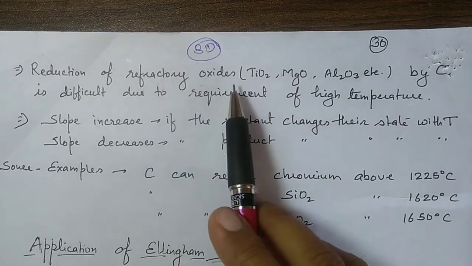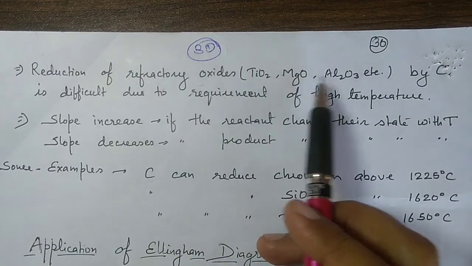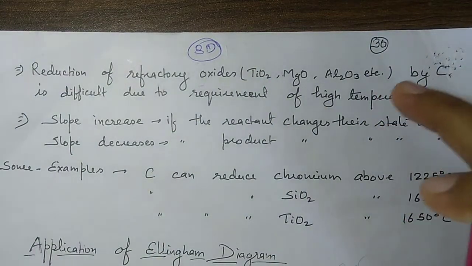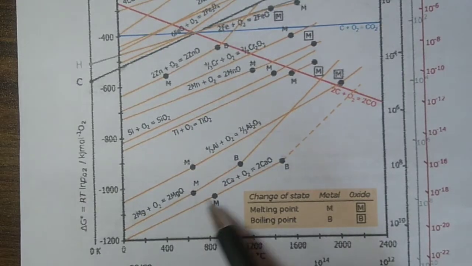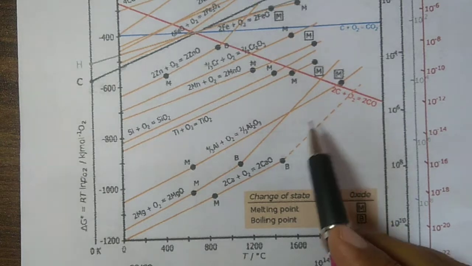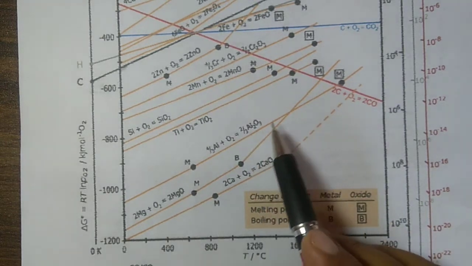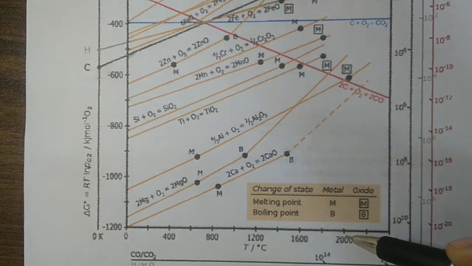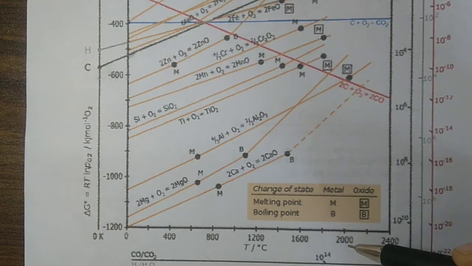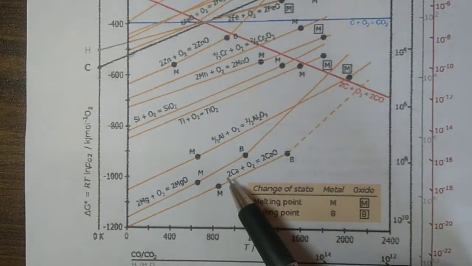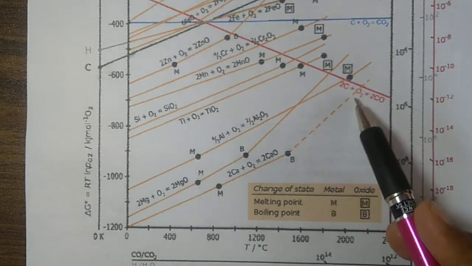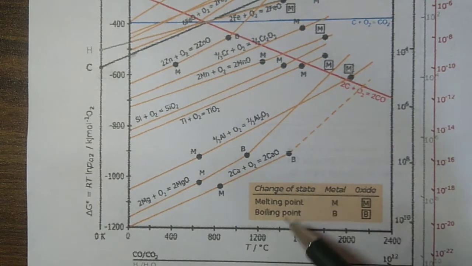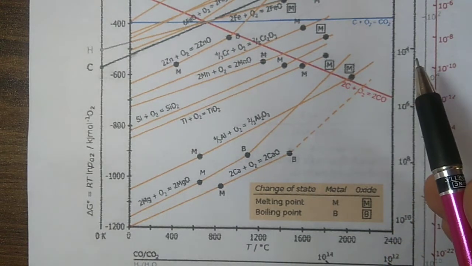Reduction of refractory oxides, that is TiO2, MgO, Al2O3, by carbon is difficult due to the requirement of very high temperature. Reduction of these metals is difficult because it requires a temperature higher than 2000 degrees Celsius. If the slope increases, the reactant changes state with temperature.